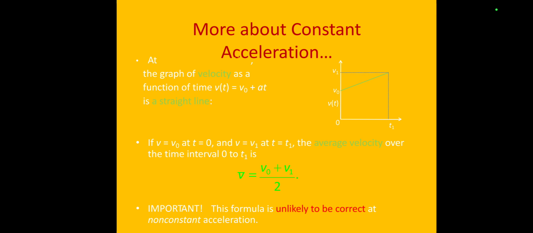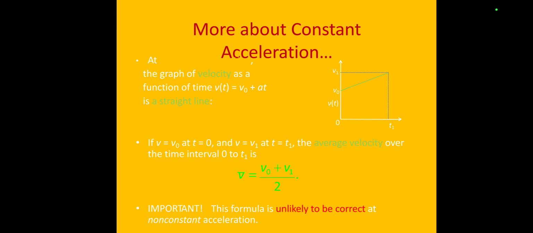More about constant acceleration. This is the graph of velocity as a function of time. So v of t is equal to v naught plus a t, which is a straight line. Here the x-axis indicates the time taken to travel, and the y-axis indicates the velocity.